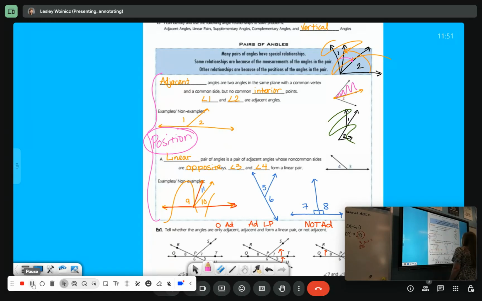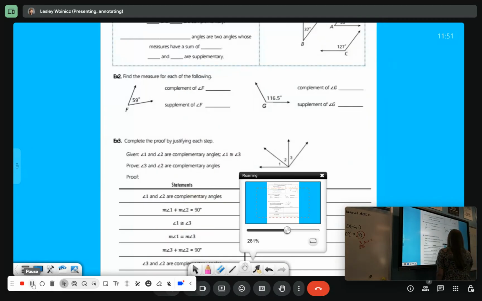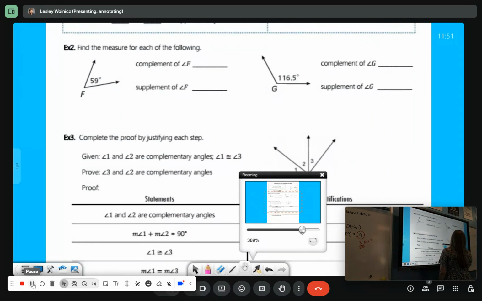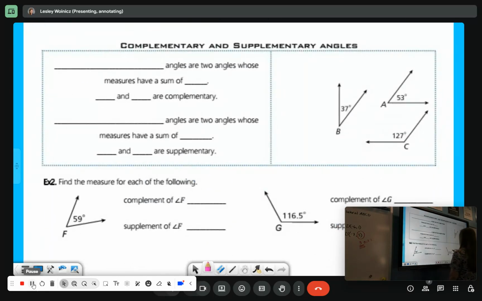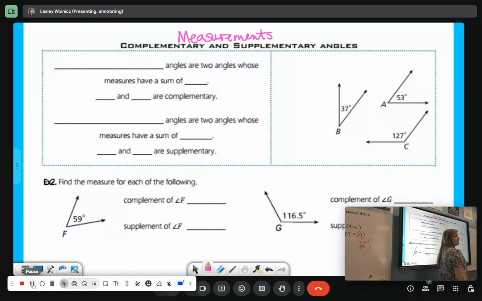Now we are going to talk about some angle relationships based on measurements. So complementary and supplementary angles are related by their measurements. These don't have to be touching. They may or may not be touching.